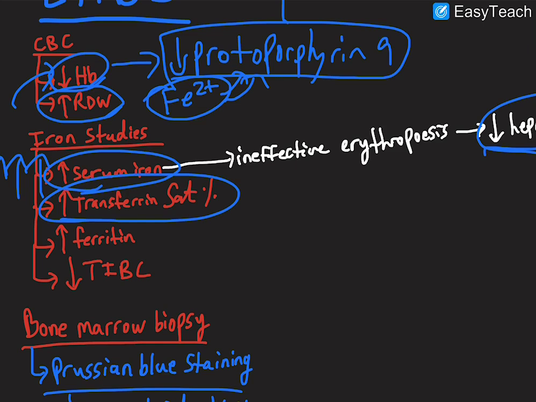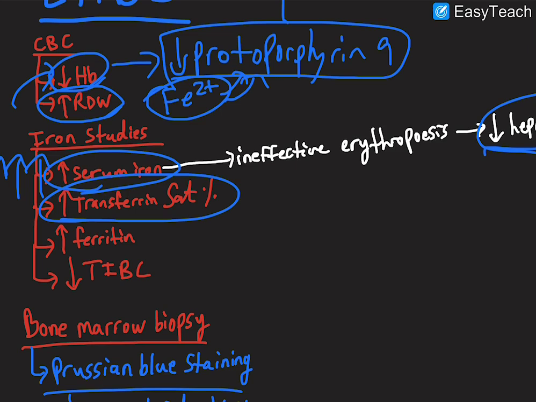Now remember, you have a lot of serum iron because you keep reabsorbing iron due to low hepcidin levels, and ineffective erythropoiesis. So all that iron accumulates in your serum and in your macrophages. That increased amount of iron gets stored inside your macrophages.